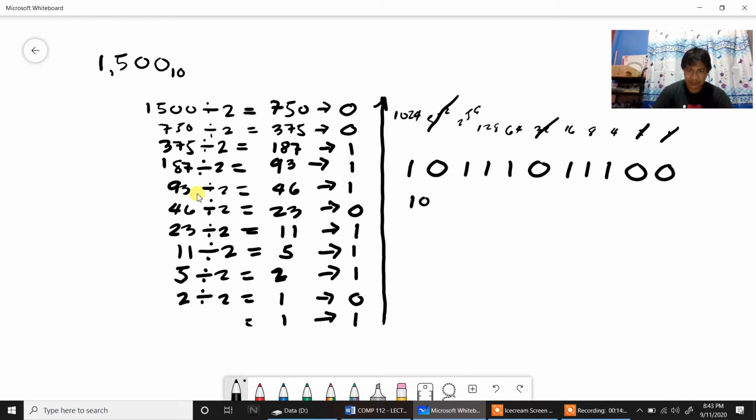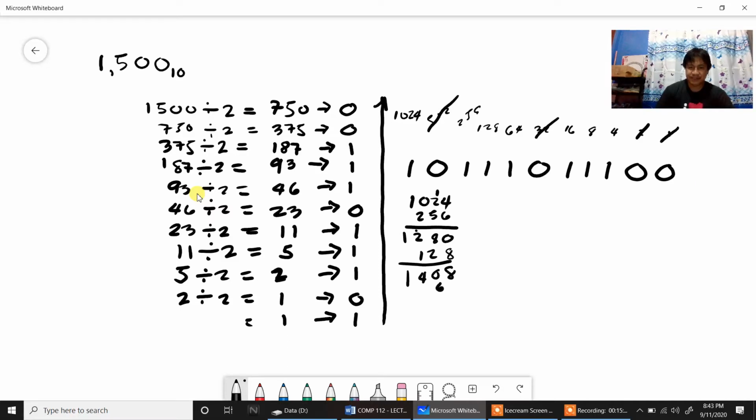So 1024 plus 256. So we have 10, carry 1. We have 8, then 2, 1, 280. Plus 128. Okay, so I get 8, I get 10, carry 1, then 4, then 1408.